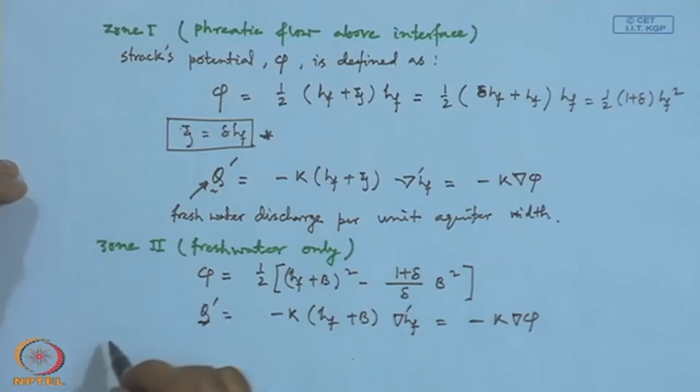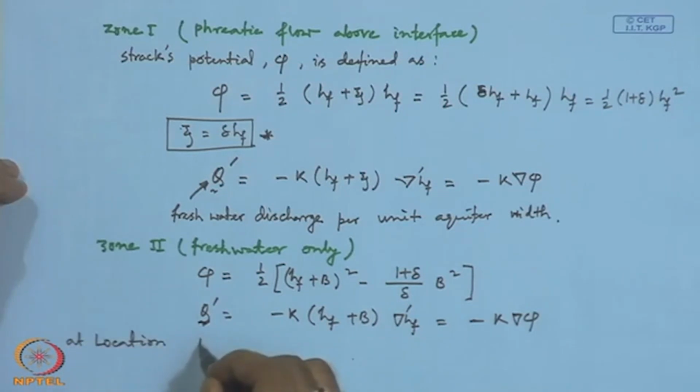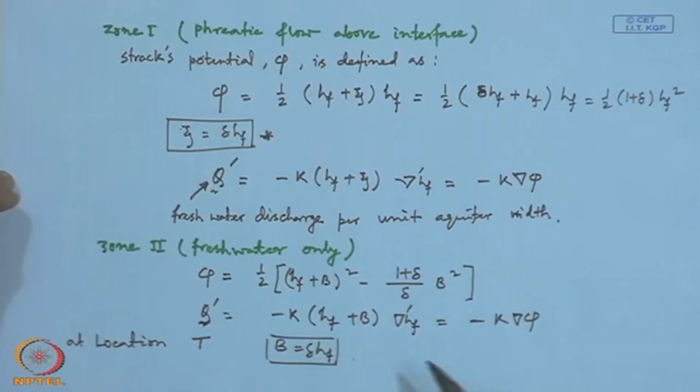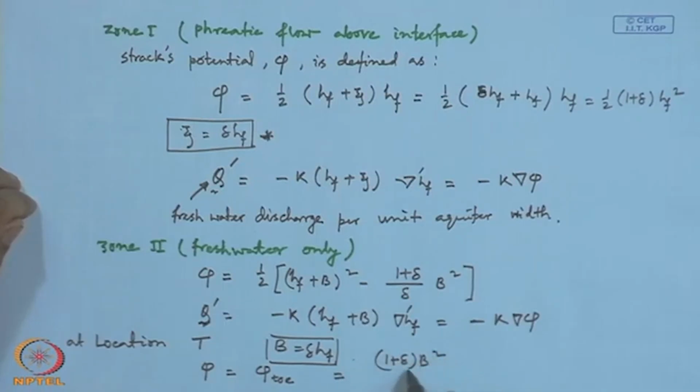So, at location T, at the toe location, we have B equals HF into delta as per our continuity of zone 1 and zone 2, and by using the Ghyben-Herzberg approximation we have phi equals phi toe, and we can directly write it as B square by 2 delta square.